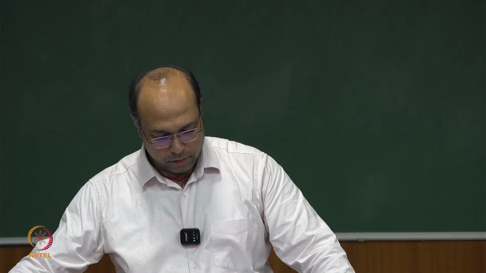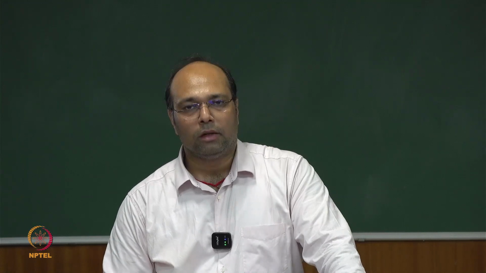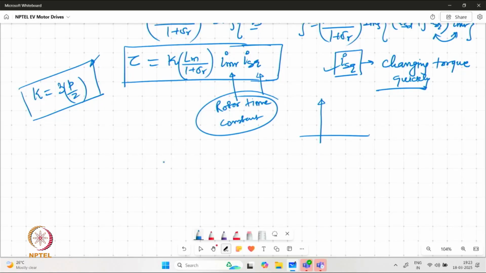Now, the value of the constant can be taken as 3 times P by 2. As a matter of exercise, it can be taken as a derivation on your own, and for quick reference, the value of K is provided over here.